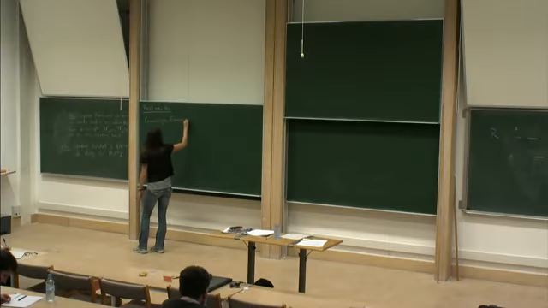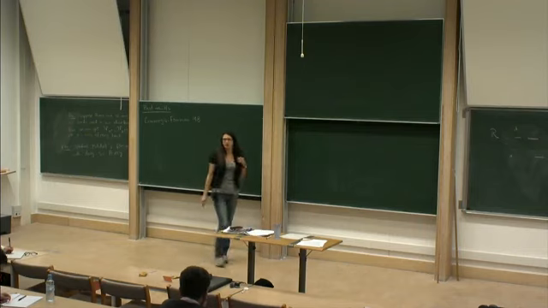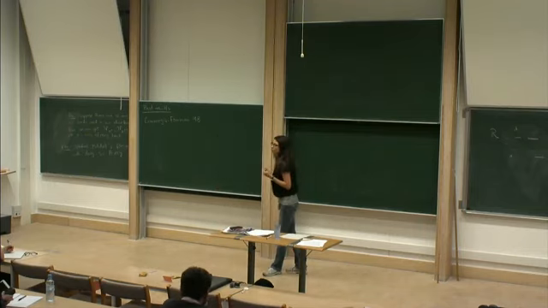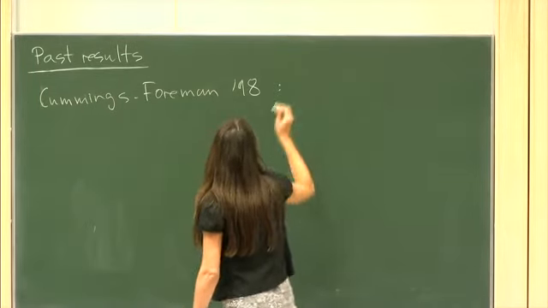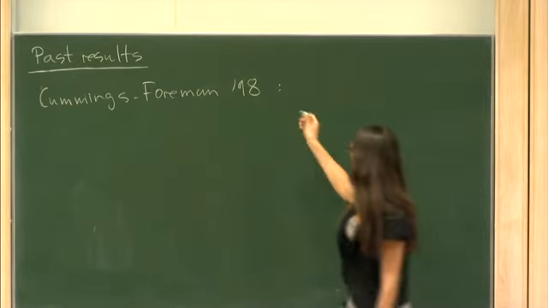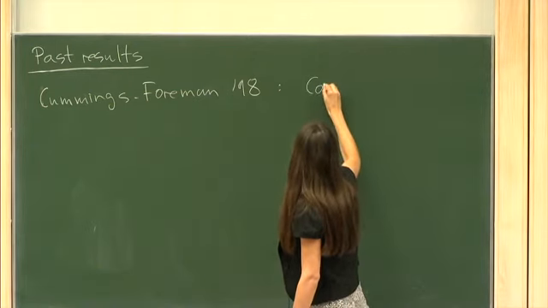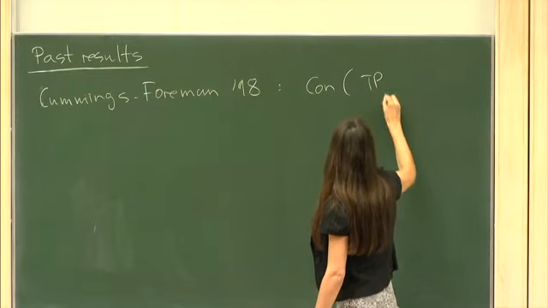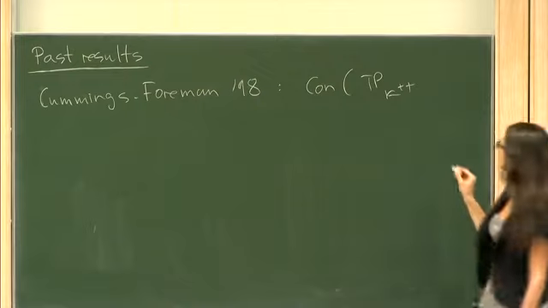In the same paper where they showed that the tree property at all of the aleph n for n greater than 1 is consistent, they also showed that from omega many supercompacts one can get the tree property at the second successor of a singular strong limit.